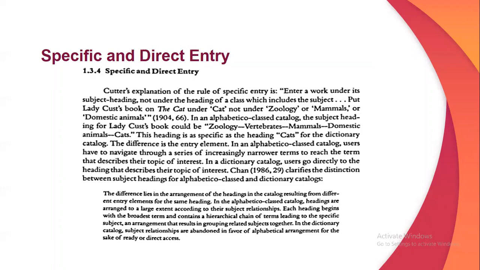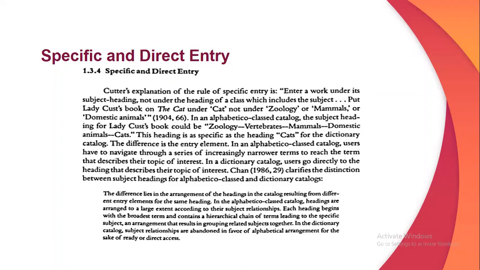So in an alphabetical class catalog, the subject heading for Lady Cust's book could be zoology, thus vertebrates, thus mammals, thus domestic animals, thus cats. So this heading is as specific as the subject, as the heading cats for the dictionary catalog.